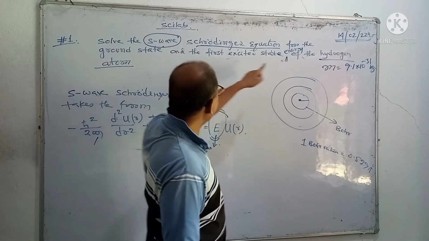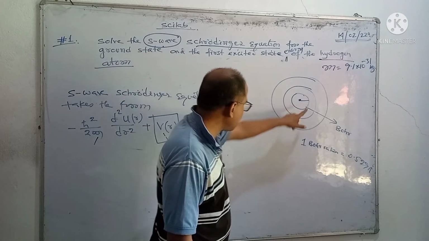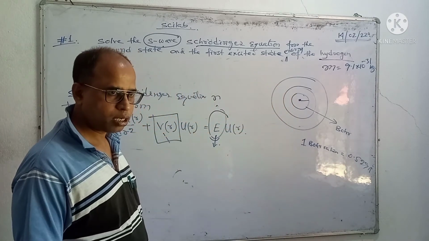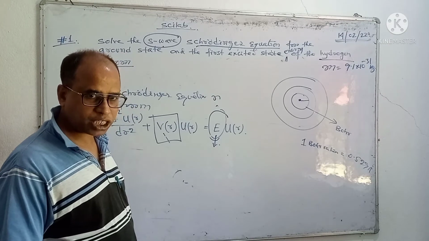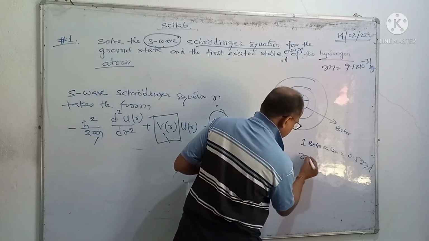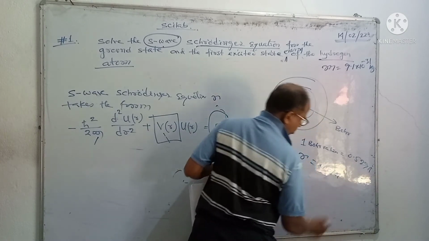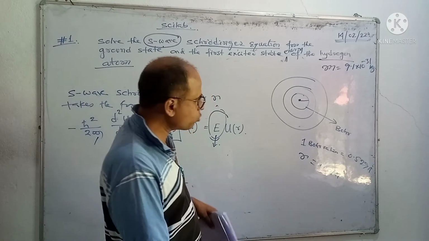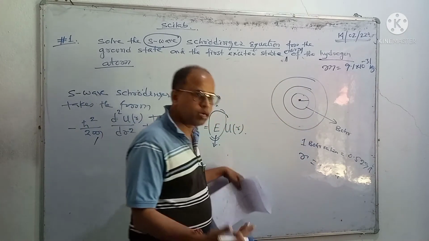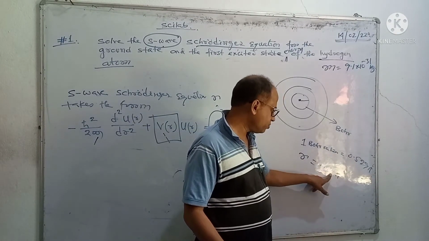Therefore, you see, when you are solving the first ground state, the r must be less than this. Okay? r must be less than this. Therefore, take r, suppose 0.01 angstrom or 0.1 angstrom, whatever. You have to start less than this.